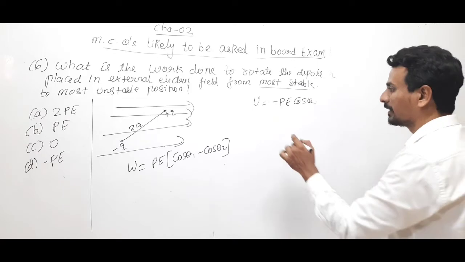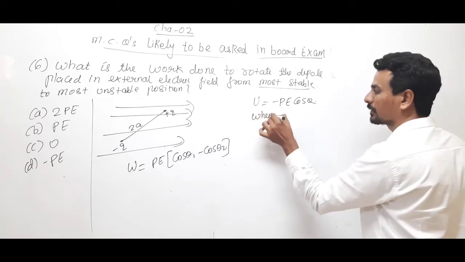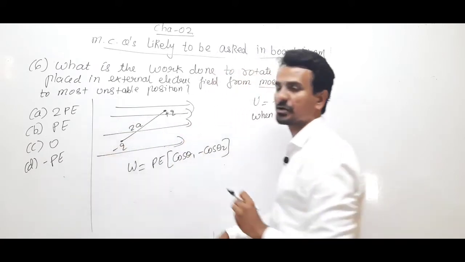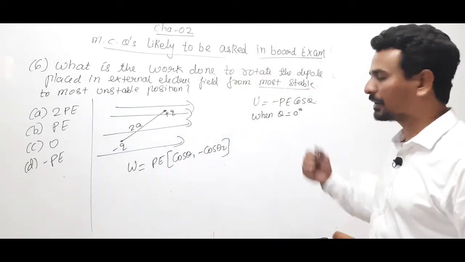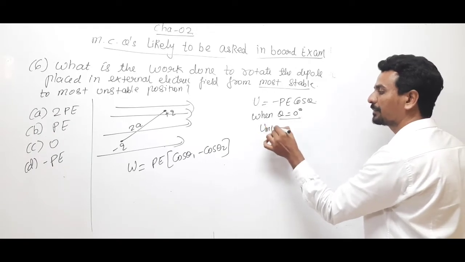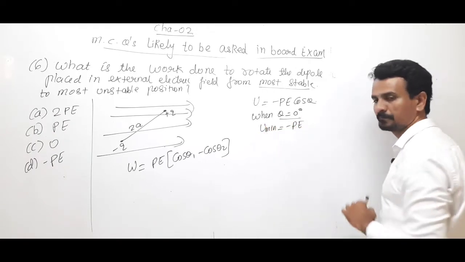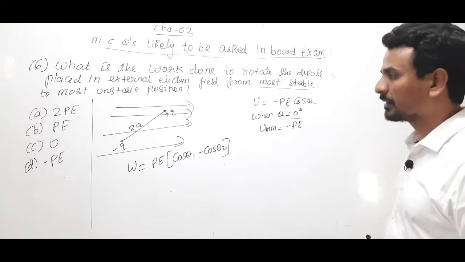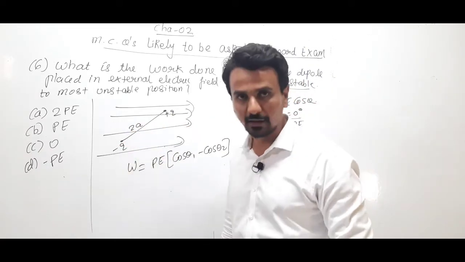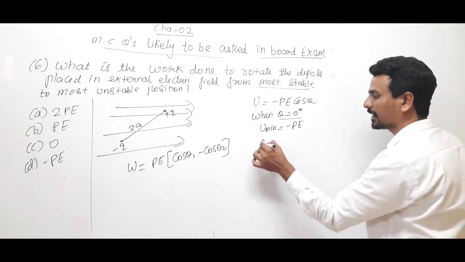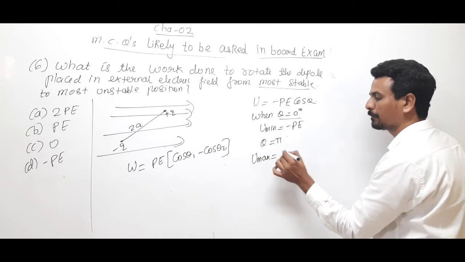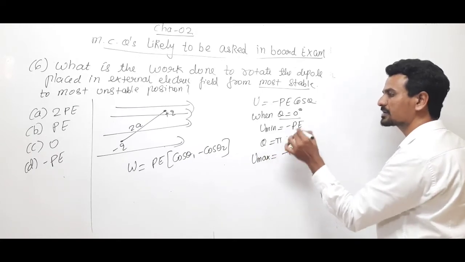Right? That means when theta is 0, that means when the dipole gets aligned along the direction of electric field, so angle will be 0. So when theta is 0, potential energy will be minimum, which is minus PE, right? And when the dipole aligns in the direction opposite to electric field, that is when theta is 180 degrees, potential energy will be maximum, because it is minus PE cos 180.